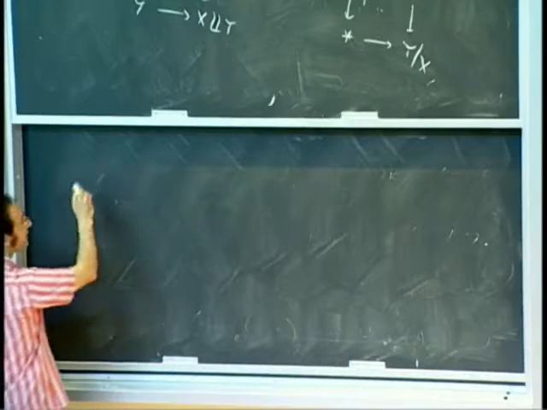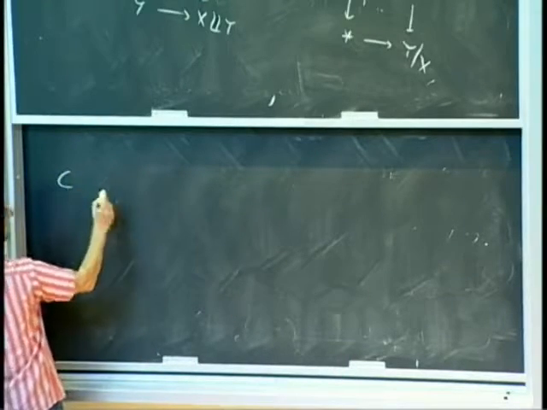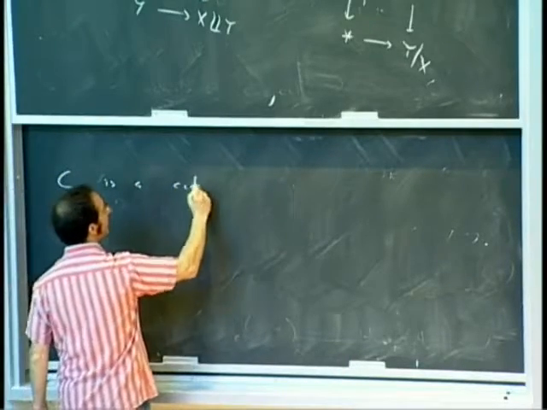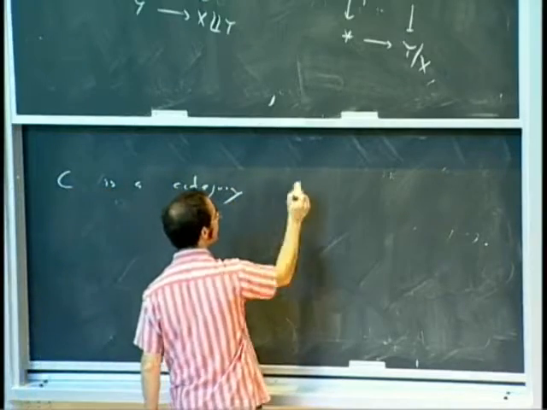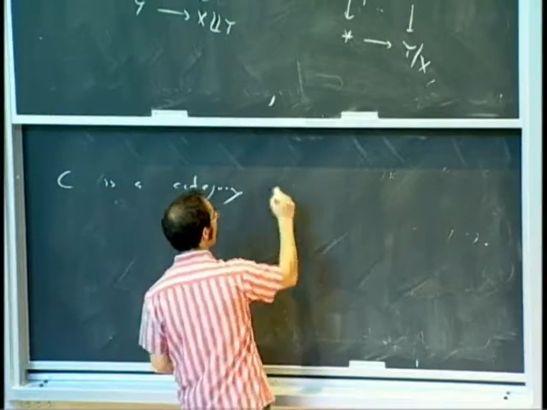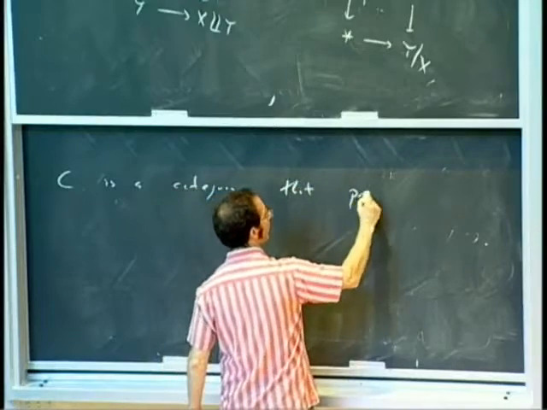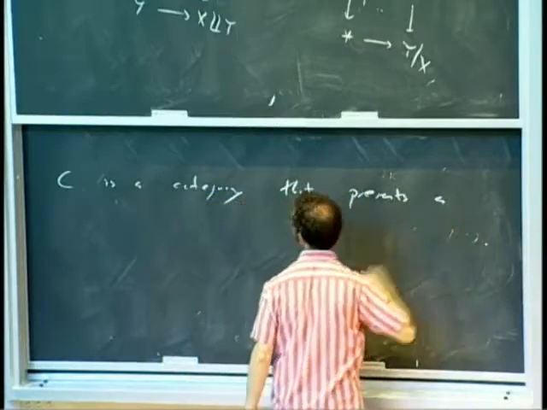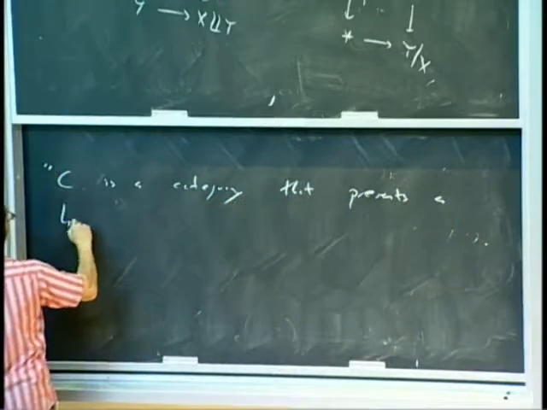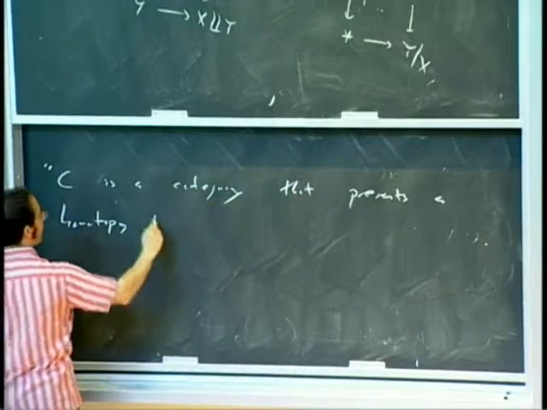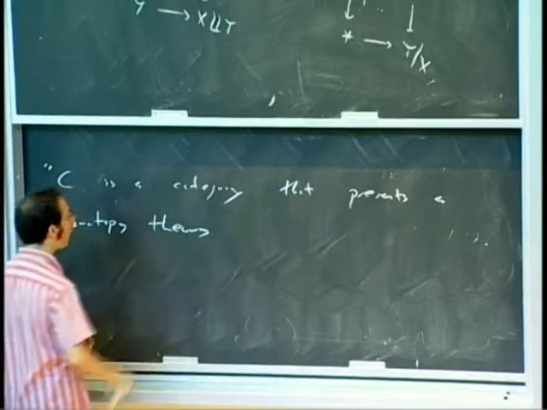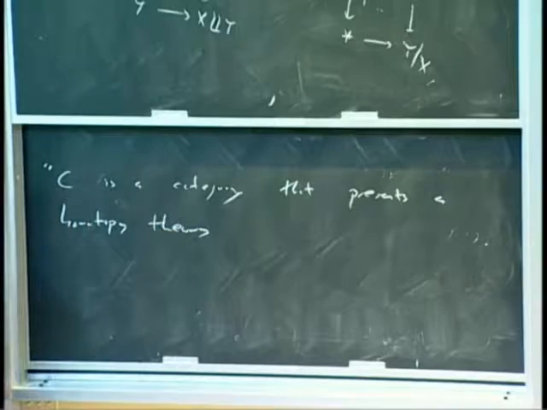But what this really is saying is that C is a category that presents a homotopy theory, right?